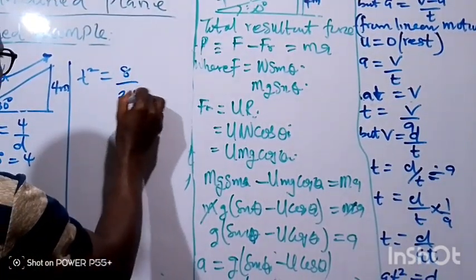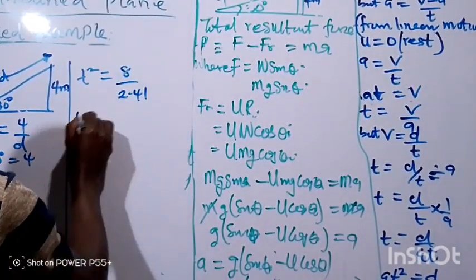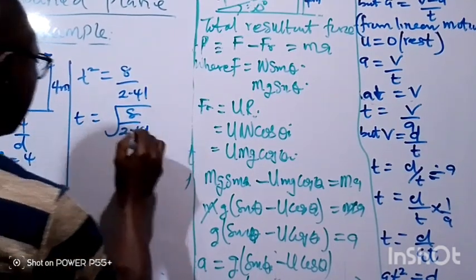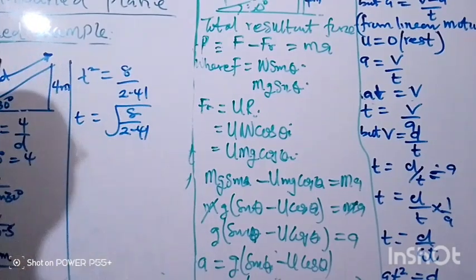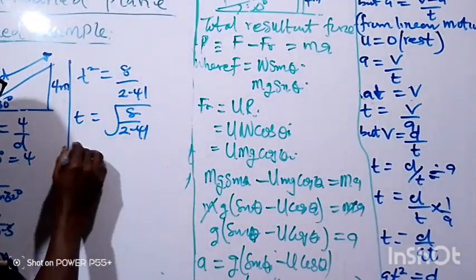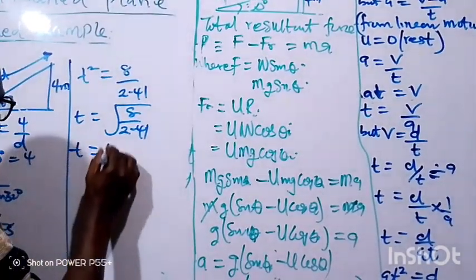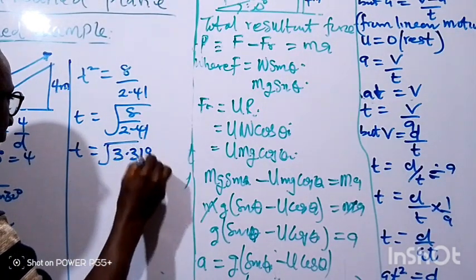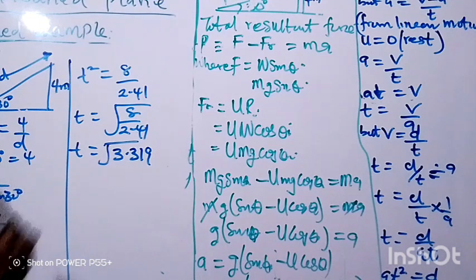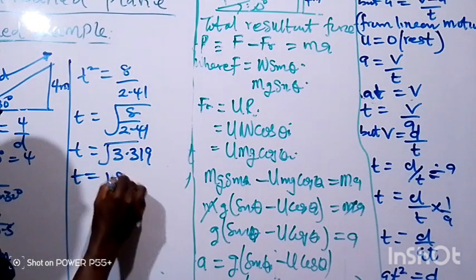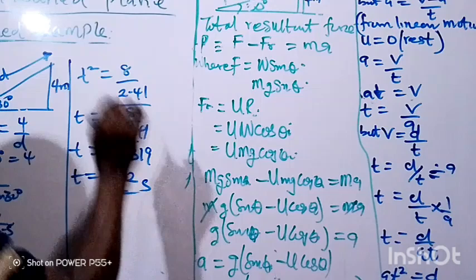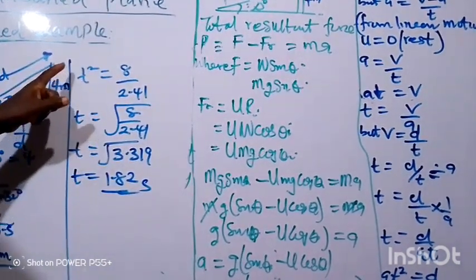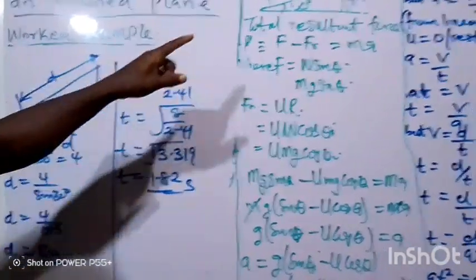So t is equal to the square root of 8 over 2.41. 8 over 2.41 gives us 3.319, and the square root of this gives us 1.82 seconds. That's the time taken for the body to slide from the top of this plane to the bottom.